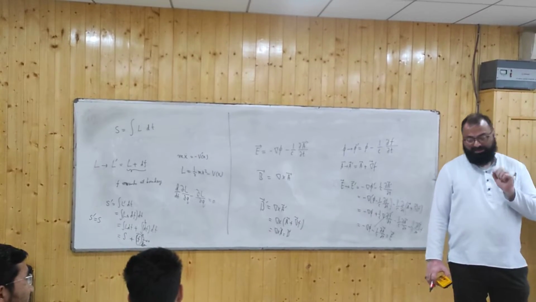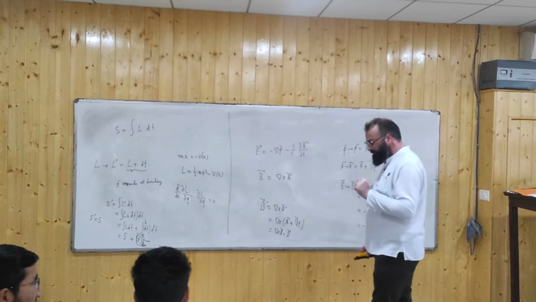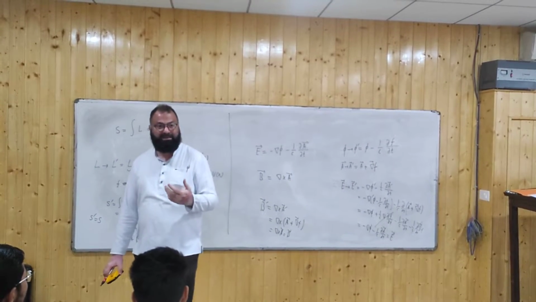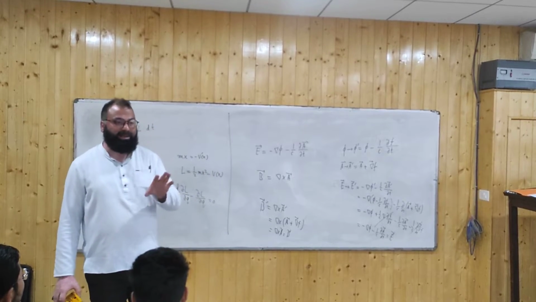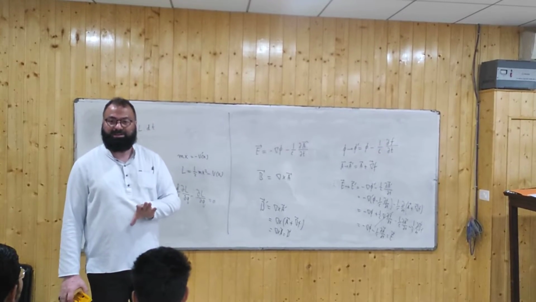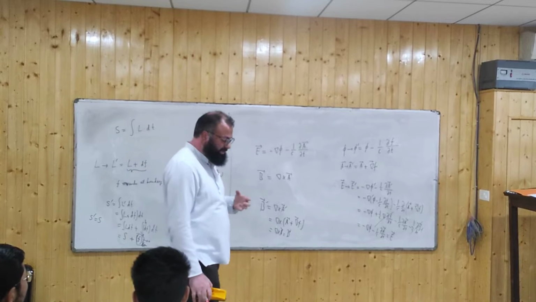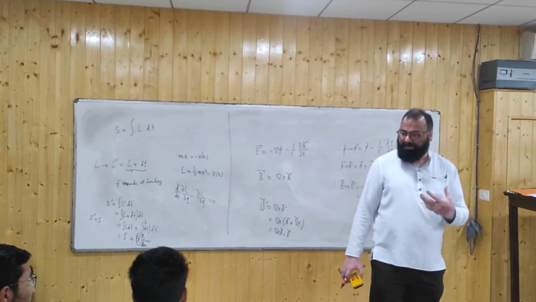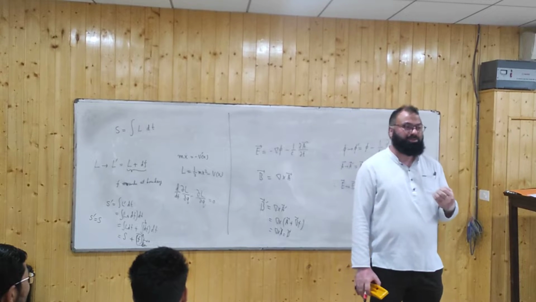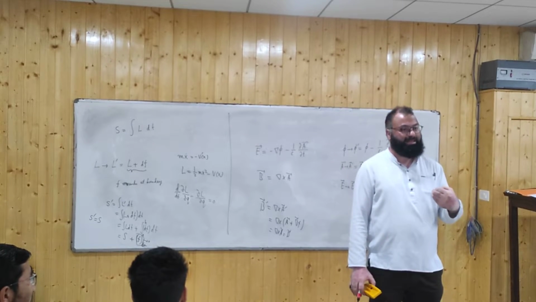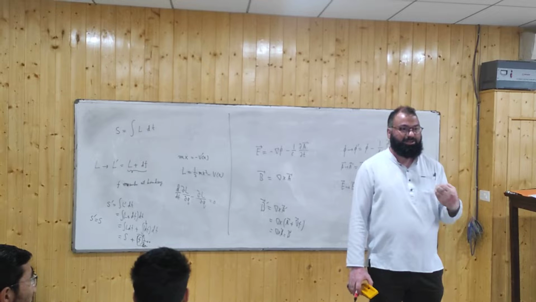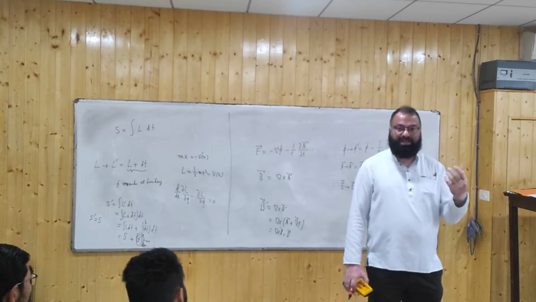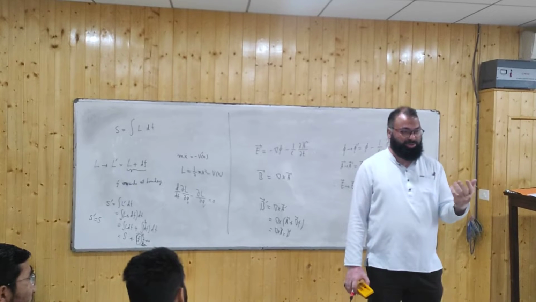Look why it is so important. The action is a fundamental quantity for any particle, for any field, from which you can obtain the equation of motion. Now if you obtain the equation of motion from the action, you require the action to be a scalar quantity, so that if you go from one frame to another, the equation of motion should be the same.